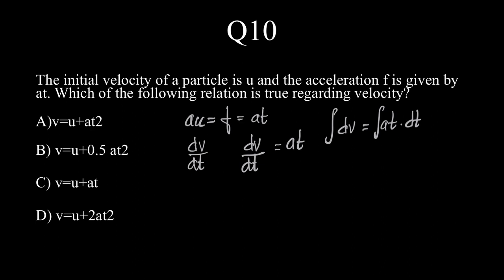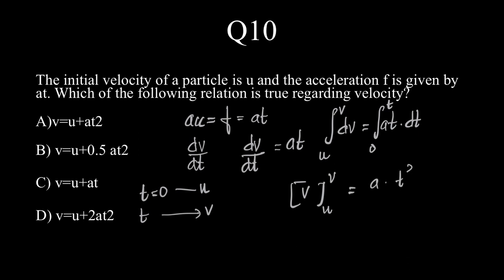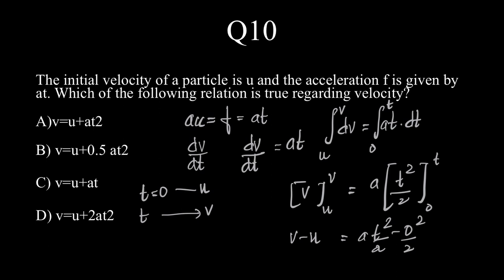We know that at time t is equal to 0, the velocity is u. At time t is equal to instant t, the final velocity is v. So we have the limits as u comma v and limits for t as 0 comma t, in which case the integral of v varying from u to v is equal to a into t square by 2 varying from 0 to t, which means v minus u is equal to a into t square by 2 minus 0 square by 2.